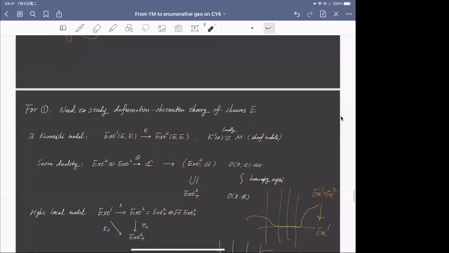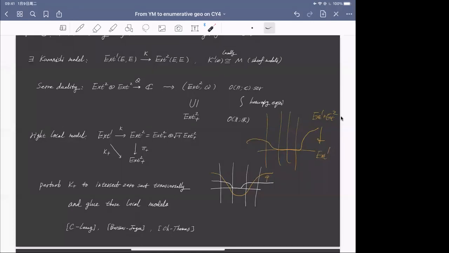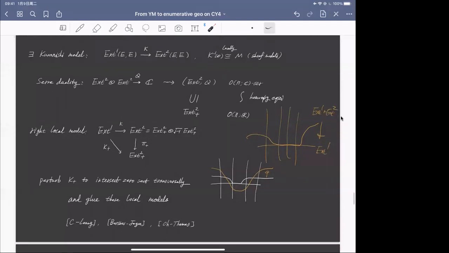So the way is that, motivated by the Euler class construction, we perturb this section slightly to make it transverse to the zero section. Then the intersection will become very clean, and this becomes a finite dimensional manifold. So this is the way we achieve transversality in this setting. Okay, so anyway, this is the local model.